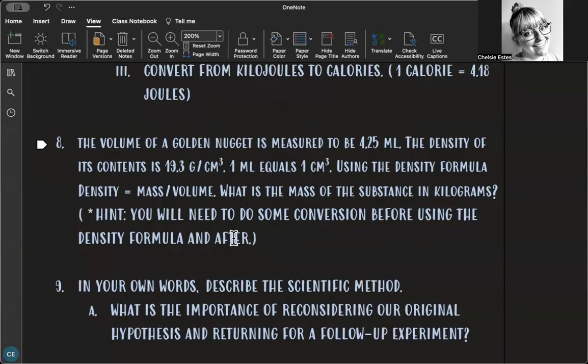By before, I mean you're going to have to convert milliliters to centimeters cubed. And then the last thing, it asks for kilograms, and you're going to end up with grams. So you need to go from grams to kilograms.